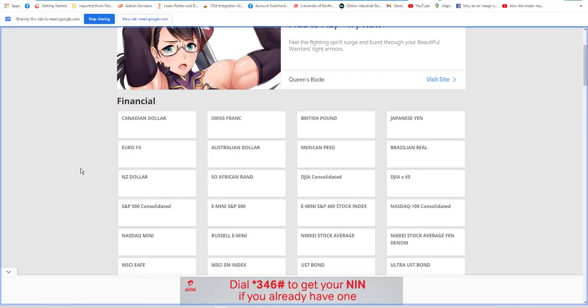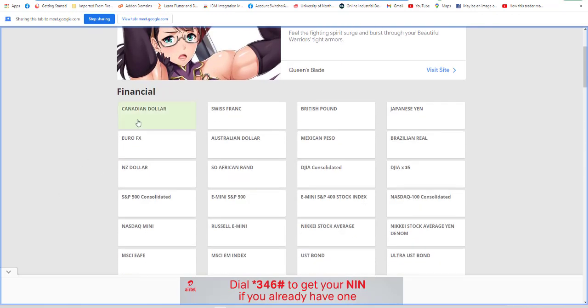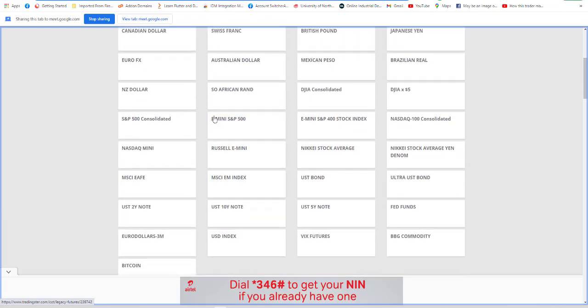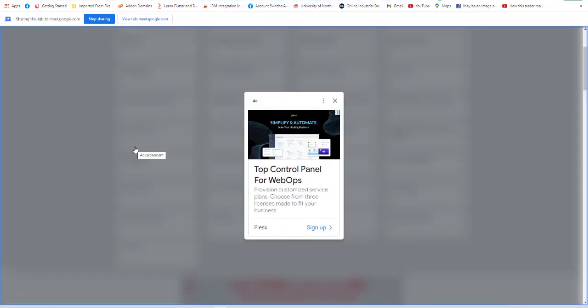Don't mind the adverts they are bombarding us with here. So we have financials. You will see the Canadian dollar, the euro, the New Zealand dollar, the Swiss franc, the Australian dollar, and all the rest of the other currencies, even indices. So you have all of them here. Right now we are most concerned with the euro. The euro is what we want to analyze. So we come here and click on the euro. Good.